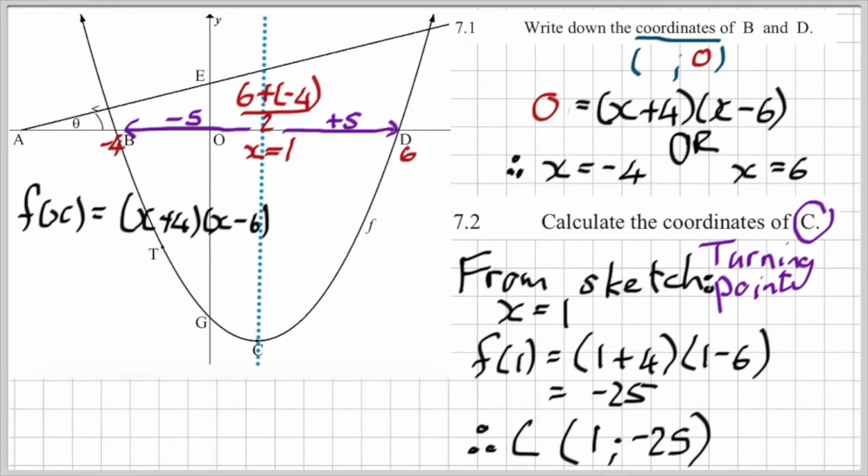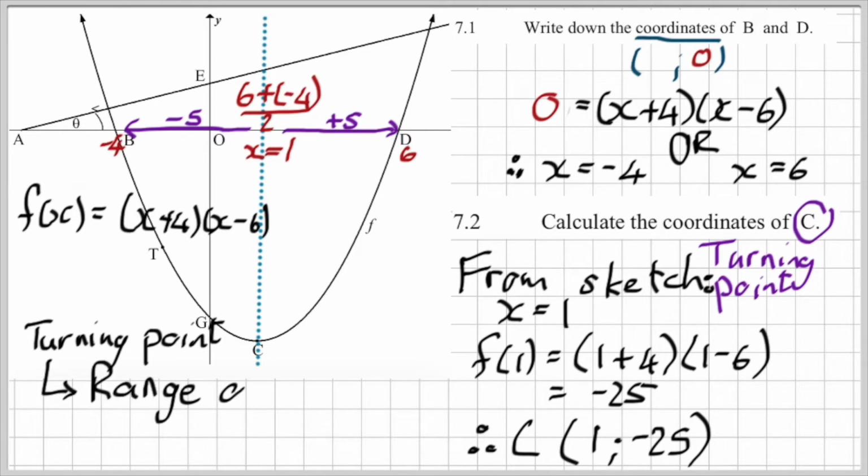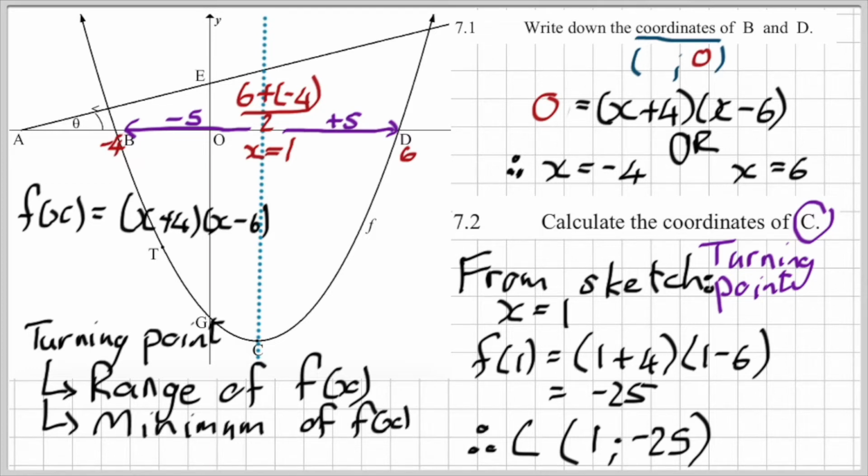But how can they ask this same question differently? Because I promise you, matriculants, whether it be in your prelim or your finals, teachers love to ask a turning point in a different way. Well, turning points could also be asked as give me the range of f(x), or the minimum value of the graph of f(x).